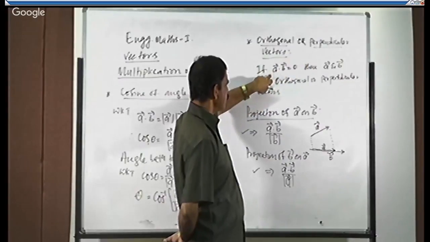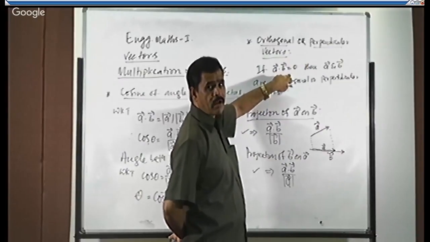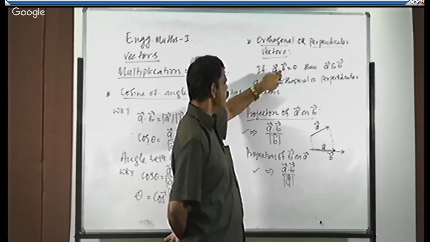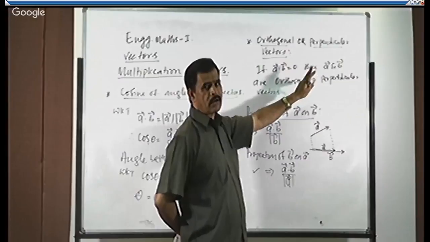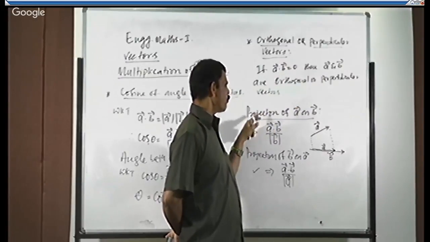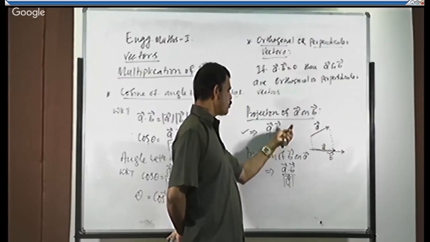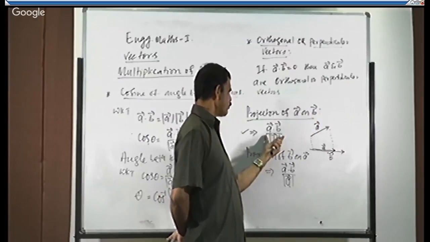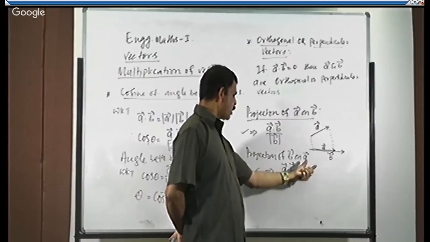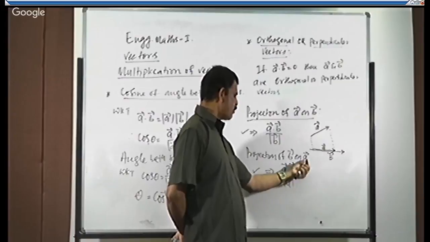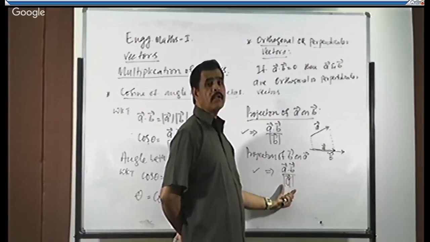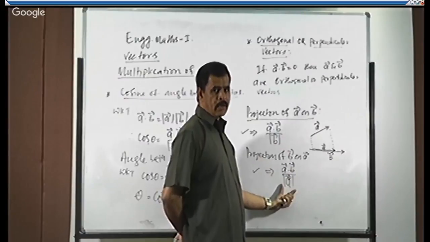If vectors A and B have dot product 0, then these two vectors are perpendicular or orthogonal. And for the projection of one vector on another, if I want to project A on B, the formula is A dot B by magnitude B. For the projection of B on A it is the same formula, but the magnitude of the vector on which we project is taken in the denominator.